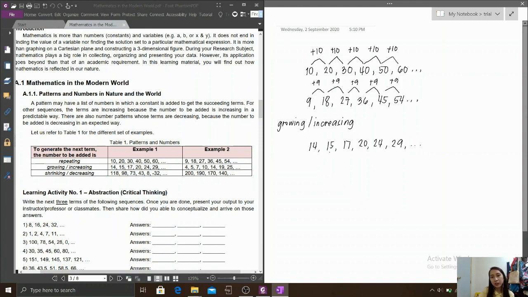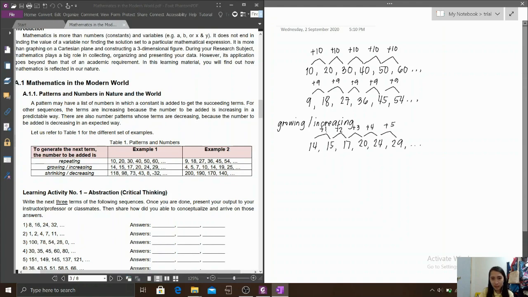In order to get 15, we will add 1 to 14. Next, in order to get 17, we will add 2 to 15. 17 plus 3 is 20, and 20 plus 4 is 24, and 24 plus 5 is 29.